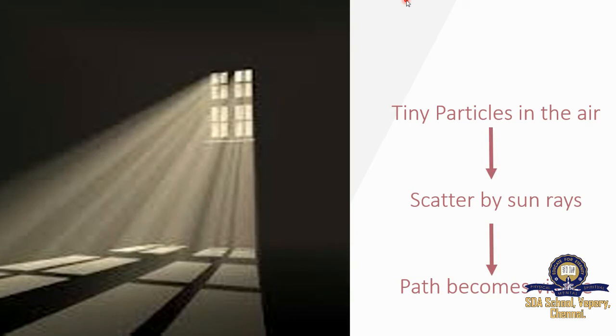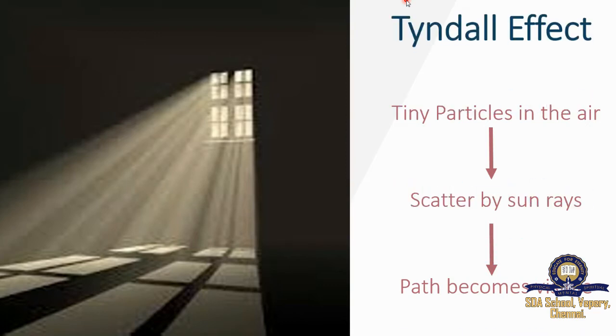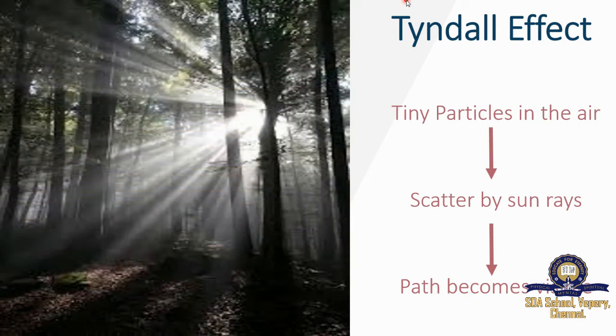As they scatter, they take a wider area so that we can see the path taken by the light rays. This effect is known as the Tyndall effect. So the scattering of a beam of light by the particles is known as the Tyndall effect. This same effect we would have seen in forest areas too. I hope you all would have seen this type of effect in the forest. Yes? Yes.